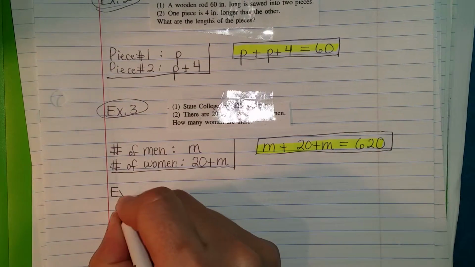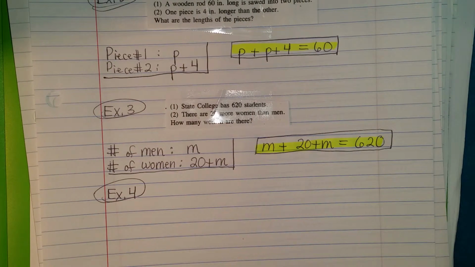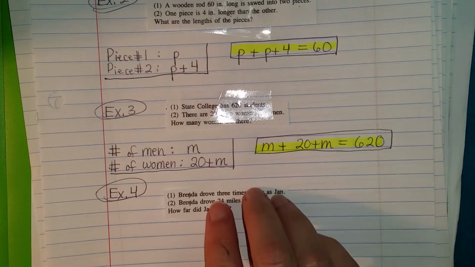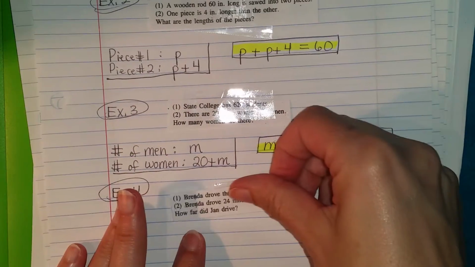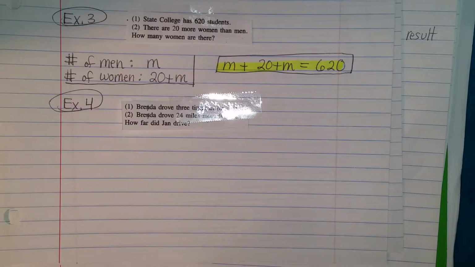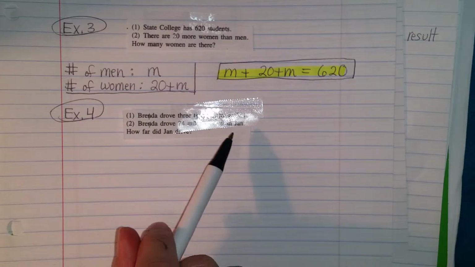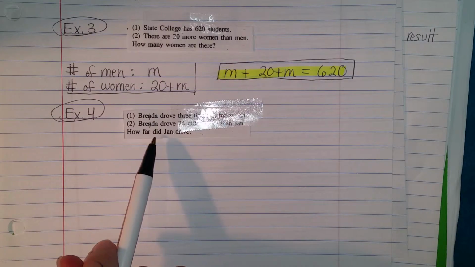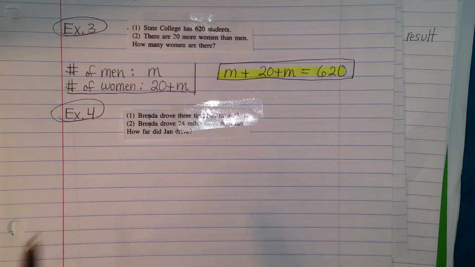Example 4. So we've got, let's see. Now we have Brenda driving 3 times as far as Jan, and Brenda drove 24 miles more than Jan.